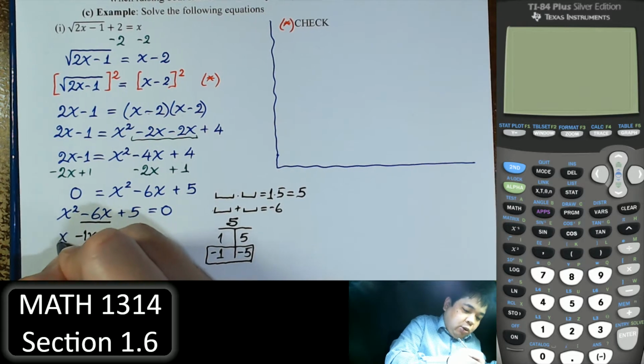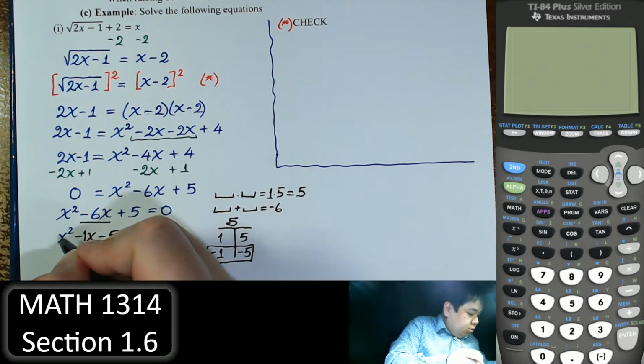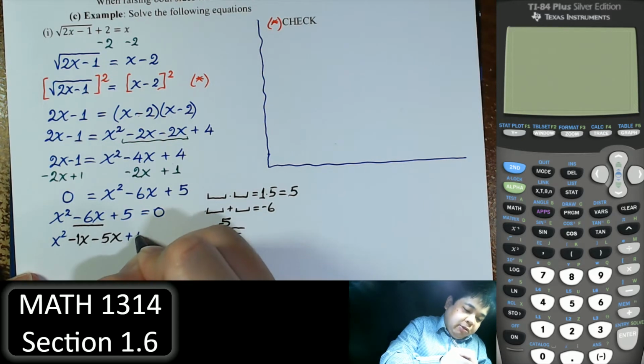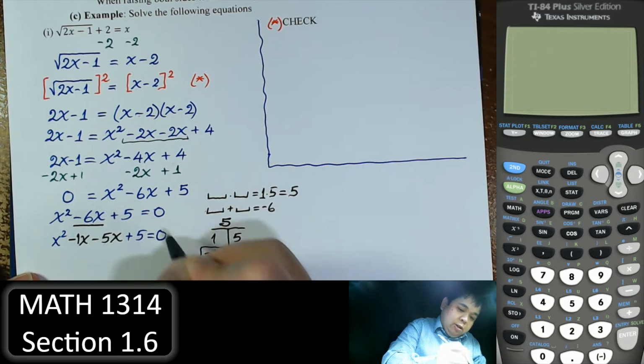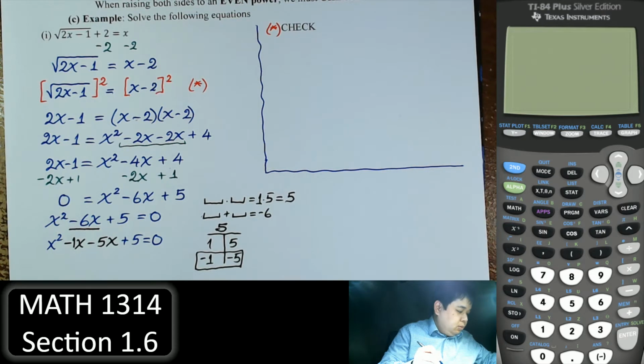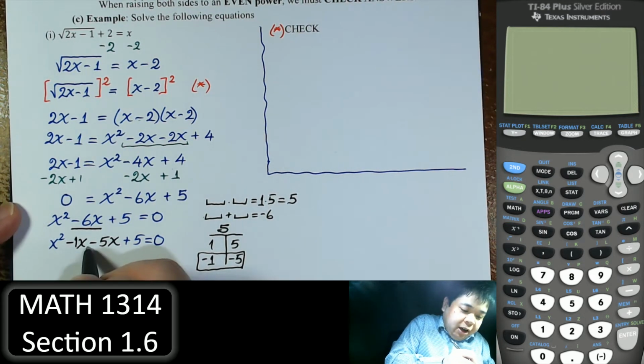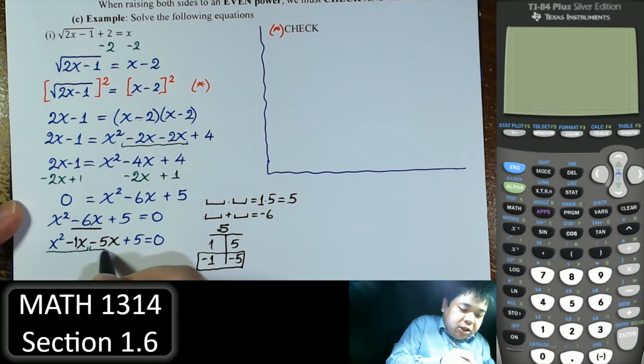Right, so I have x squared minus 1x minus 5x plus 5 equal to 0. And here I can factor the first two terms and the last two terms.